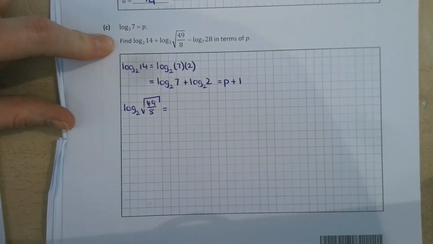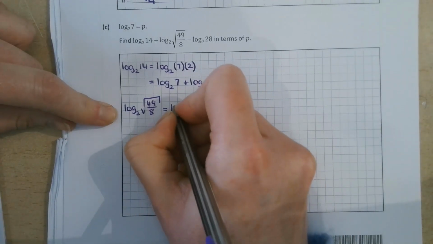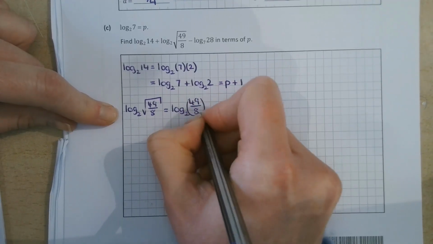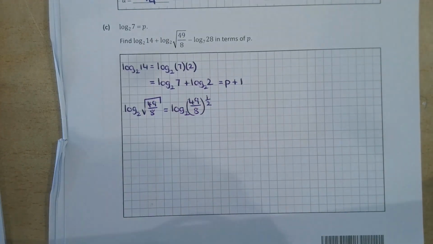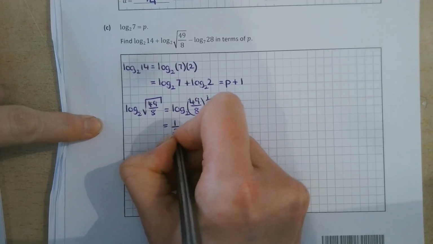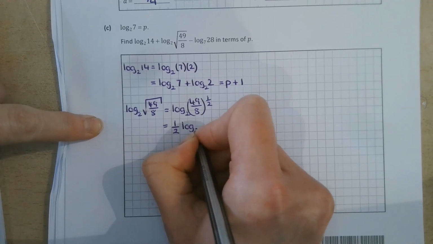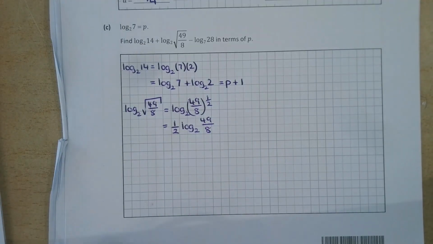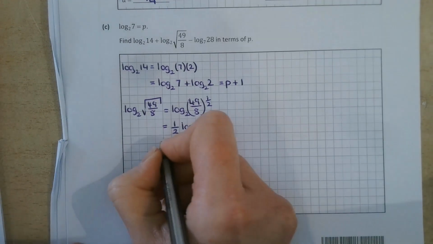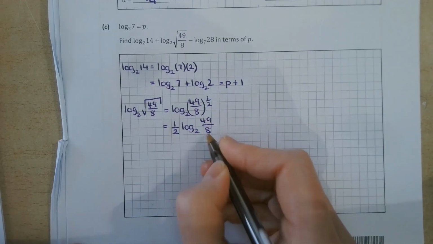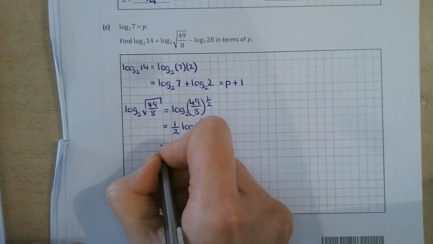The next term then, we have log to the base 2 of the square root of 49 over 8. First thing we understand is that square root means to the power of a half. So log to the base 2 of 49 over 8 to the power of a half is where we would start there. When we have a power on a log like that, we can change it to being multiplied by a half on the front. Okay, so we have a half log to the base 2 of 49 over 8. And then what we can do is, using our rules of log again, we have dividing, we can split that up.